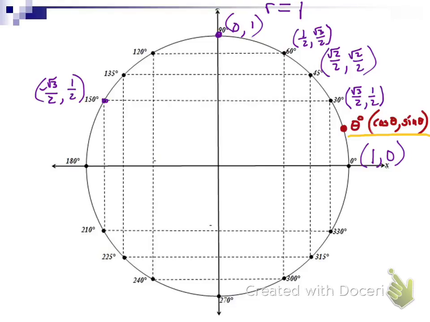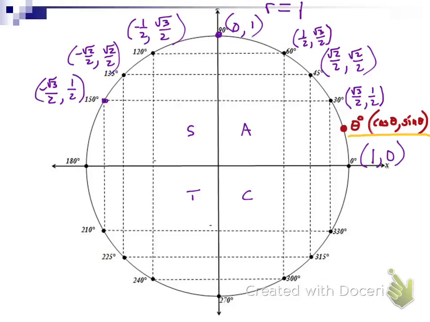And you got to kind of remember ASTC is in play. So if the cosine is negative, that means the x-coordinates are negative, and they just kind of mirror their partners across the y-axis. So this one, 135 degrees, is going to be negative square root of 2 over 2 for cosine, positive square root of 2 over 2 for sine. 120 degrees is going to be negative 1/2 for cosine, square root of 3 over 2 for sine.